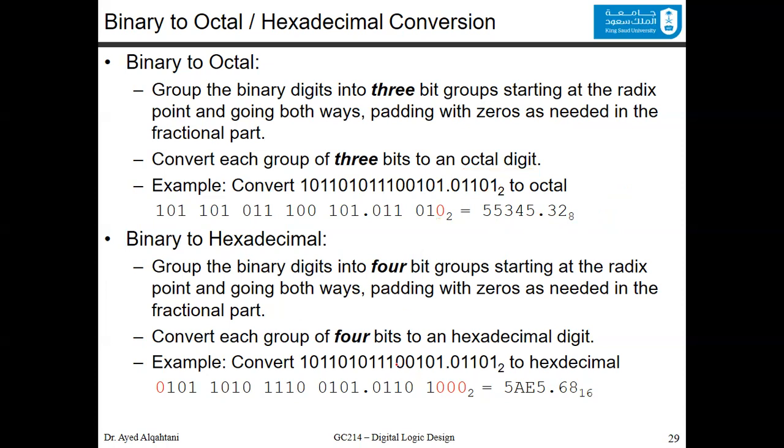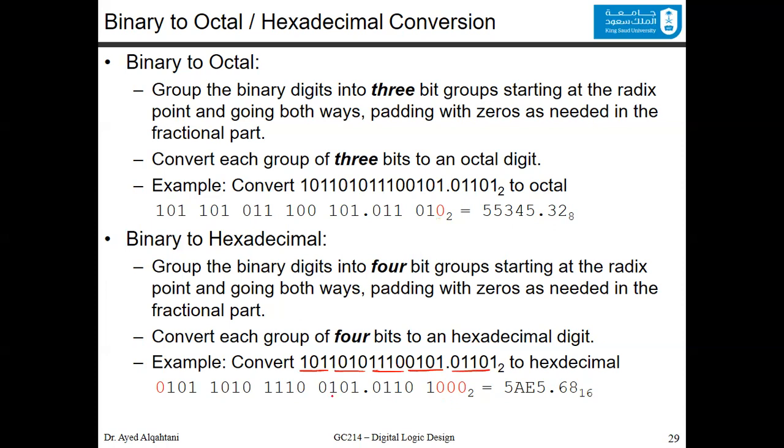Now, in the hexadecimal system, we'll do the same way, but we will group 4 bits together. Every 4 bits together. You can see here that we are missing a digit, so we will add a 0. Here we add those 4 together, and here we have to add 3 zeros.